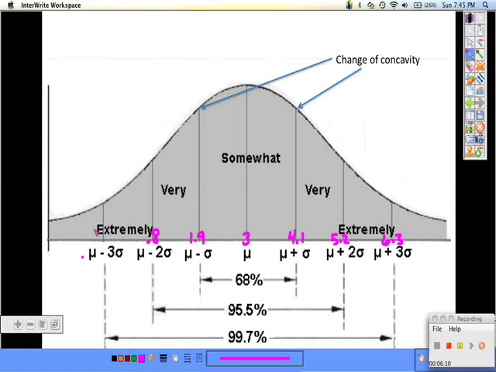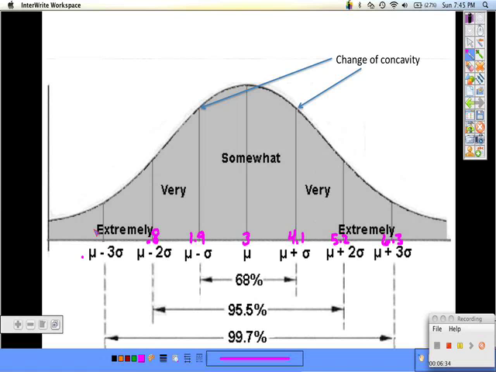There's a nice truth to this bell curve in that 68% of all the data will be within 1 standard deviation of the mean. 95.5% of our data will be within 2 standard deviations, and 99.7% of our data will be within 3 standard deviations.